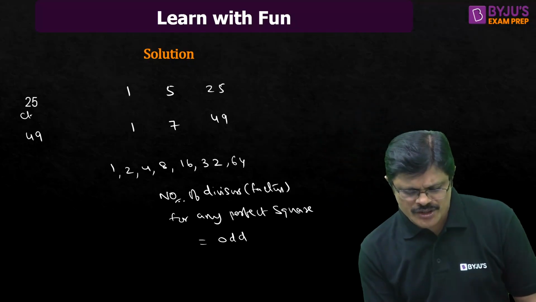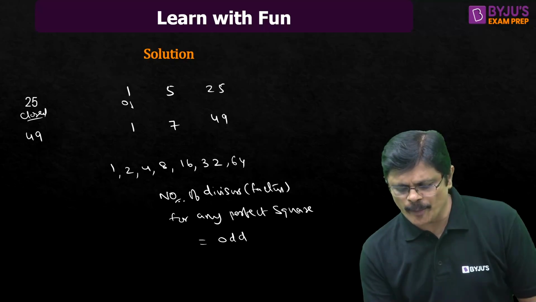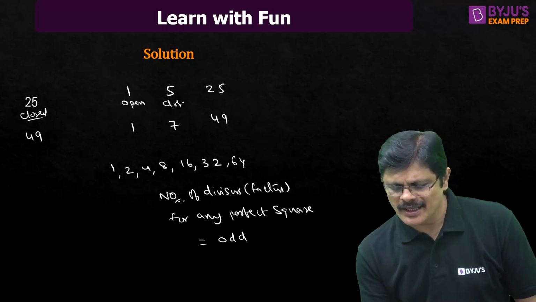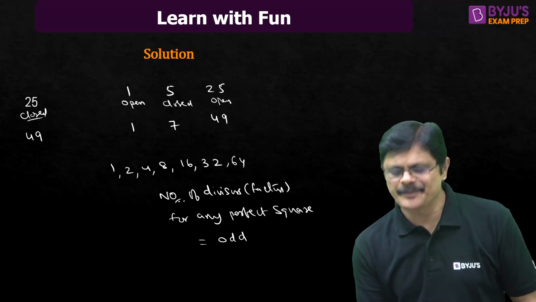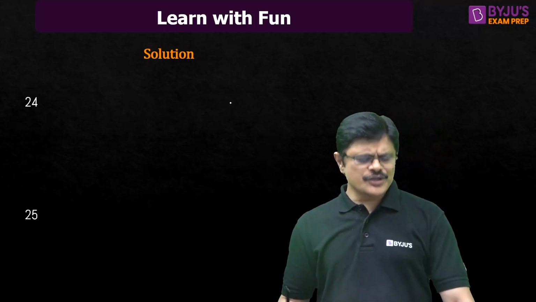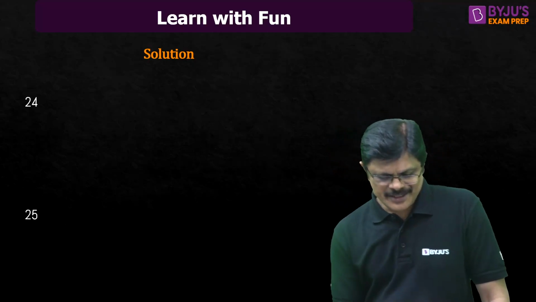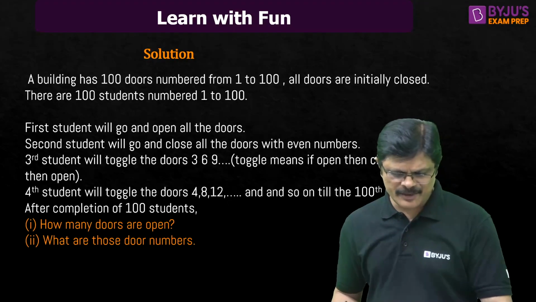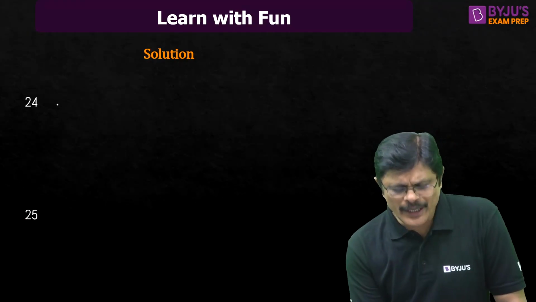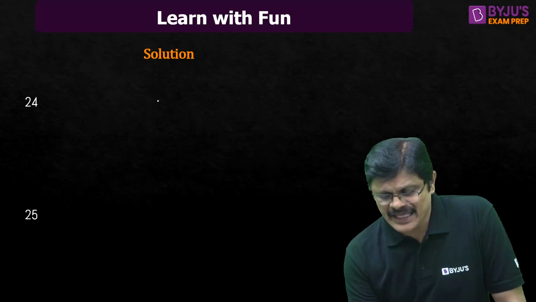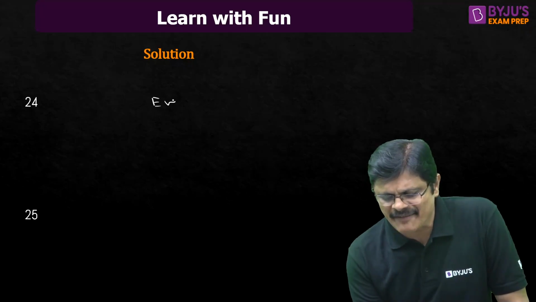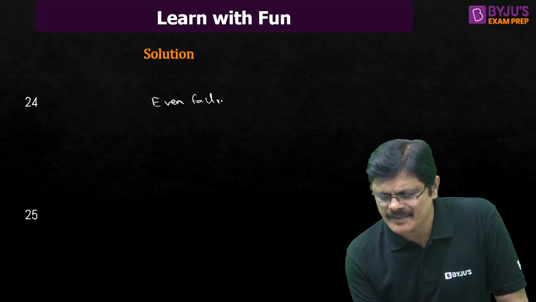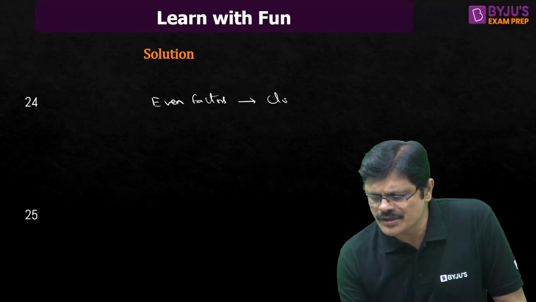See, here it is closed, here it is open, closed, and it is open. So that is the solution for this particular problem. Any number which has even factors would be closed.